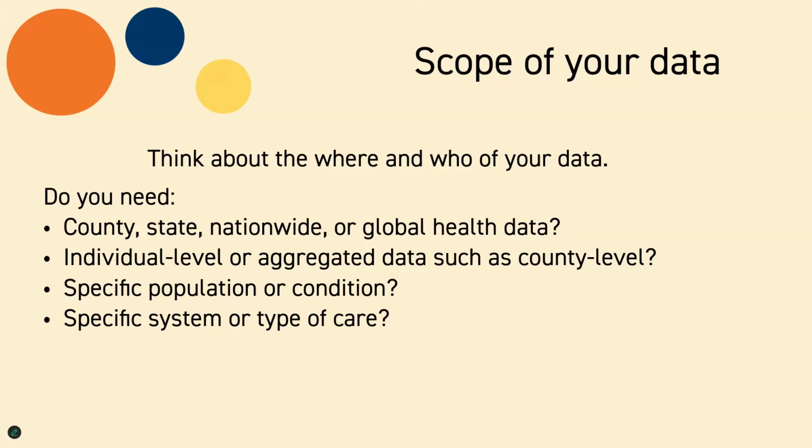Maybe you're looking at a particular condition. Maybe you're looking at a specific system, like Hunt Regional care, or a particular type of care, such as physical therapy. So these are all questions that you need to have answered before you even start trying to figure out where you're going to get this information.